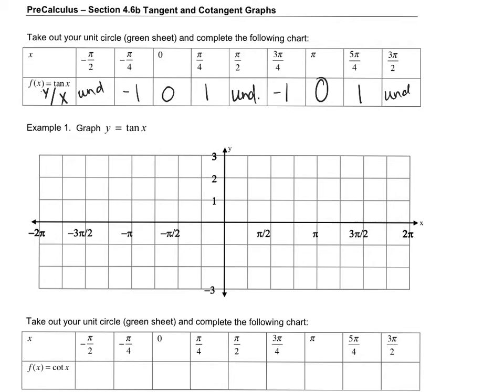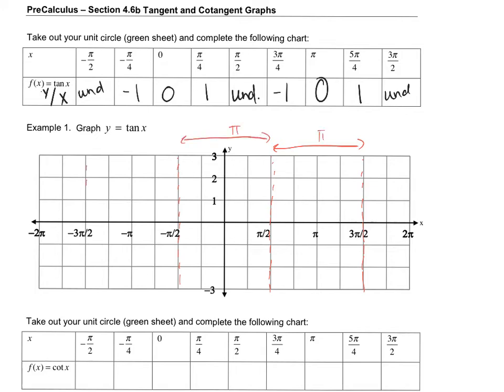Well, just like we saw with secant and cosecant, if my graph has an undefined point, I'm going to get a vertical asymptote. So here, for tangent, those now happen at negative pi over 2, positive pi over 2, 3 pi over 2, and so now we can tell that they are happening every pi radians.